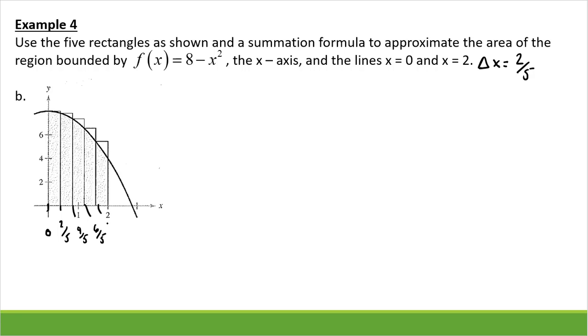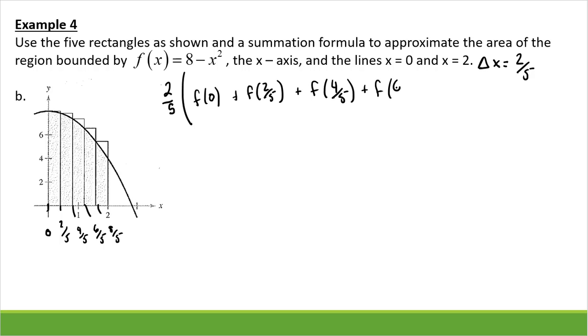Here we're going to be looking at 2/5 times f of 0 plus f of 2/5 plus f of 4/5 plus f of 6/5 plus f of 8/5.